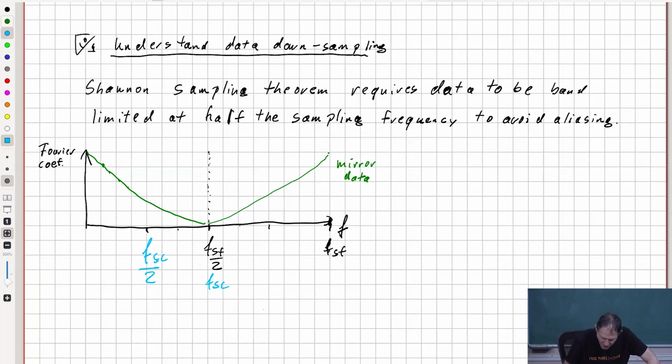So what happens? You get a mirror image around here. And now you notice that in this region, the signal is non-zero. Yeah, and I said that we get here mirror image. So this part here is mirrored into this range, but this range is also mirrored into the other range.